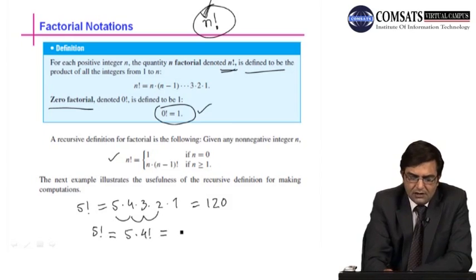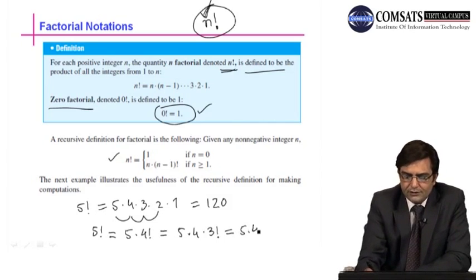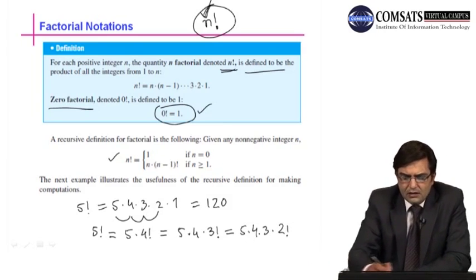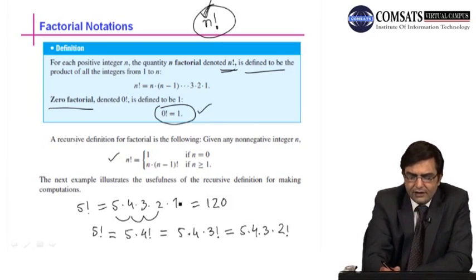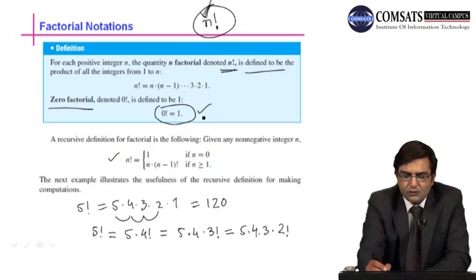This may be equal to 5 into 4 into 3 factorial. This may be equal to 5 into 4 into 3 into 2 factorial, and so on. At the end we can write 1 factorial. 1 factorial is always equal to 1 because 0 factorial is 1 and 1 factorial is also 1.